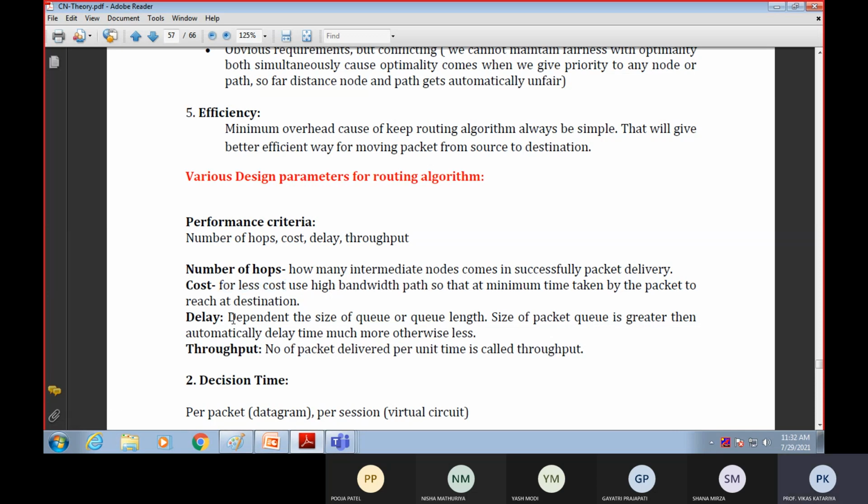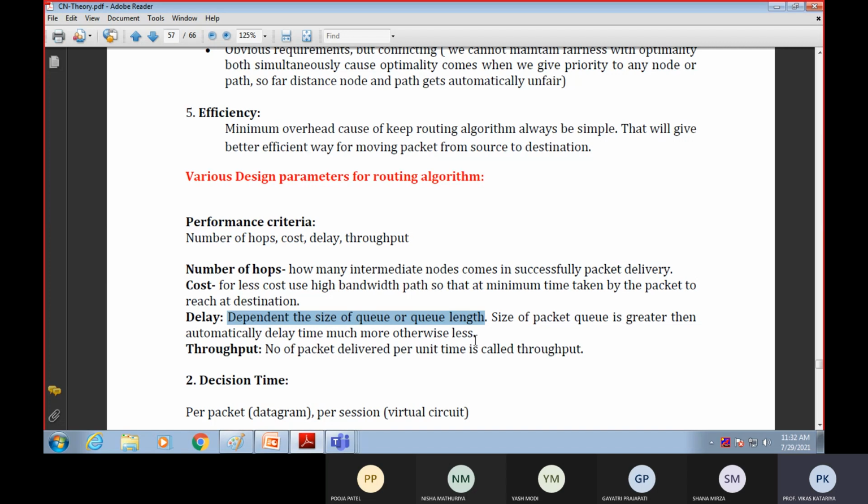Delay depends on the size of the queue or queue length. We have already discussed the circuit switched network, packet switched network, and message switching. Right. In message switching, we have discussed that each and every node has storage capacity. If we increase the storage capacity, so many messages come into the queue.